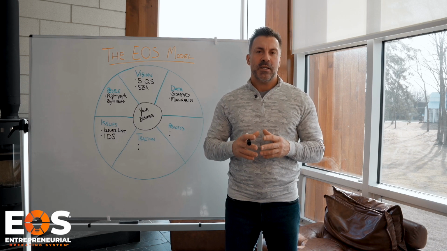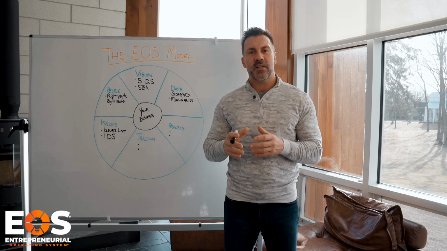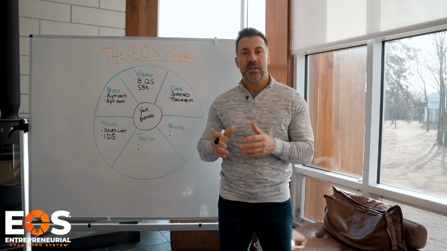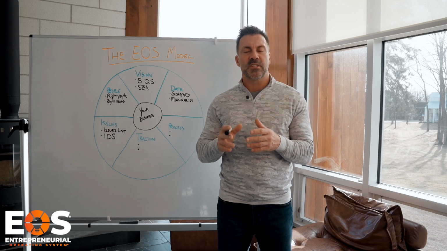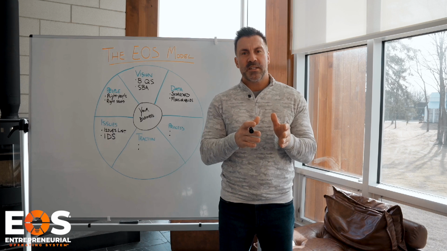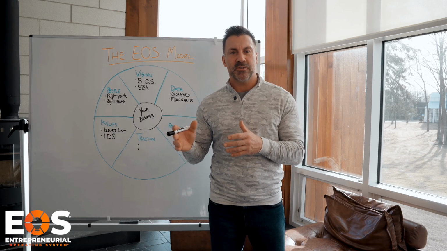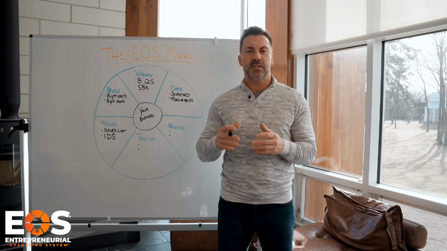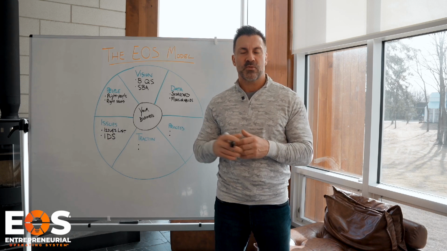The better you document these core processes, the more consistency, scalability, and efficiency you'll have in your organization. Before we move on to the tools that support your process component, I want to make an important distinction: core processes versus SOPs, or standard operating procedures. Core processes refer to the 6 to 10, those handful of processes that help your business run effectively.